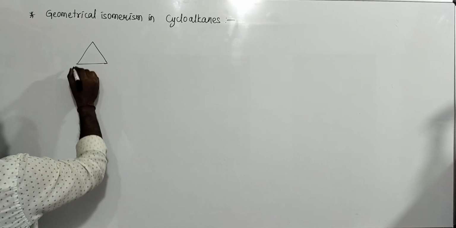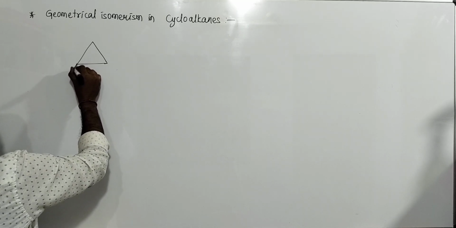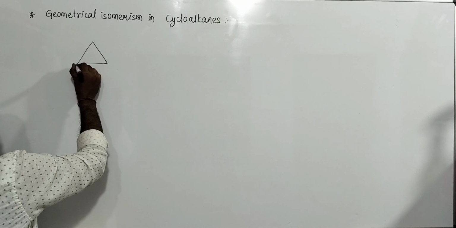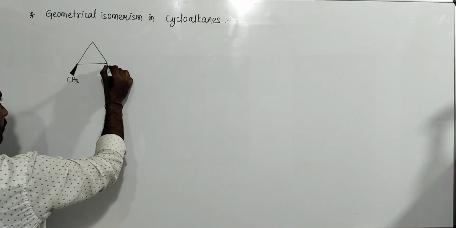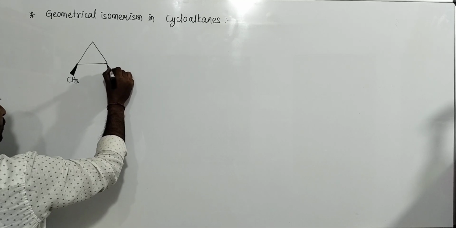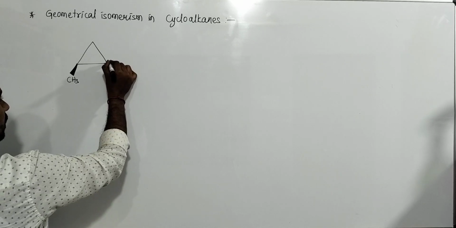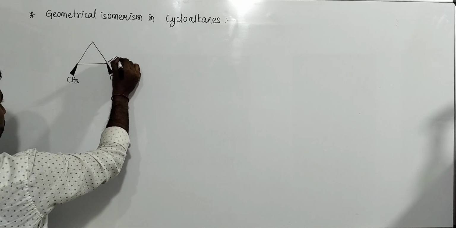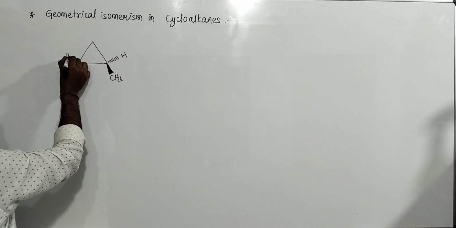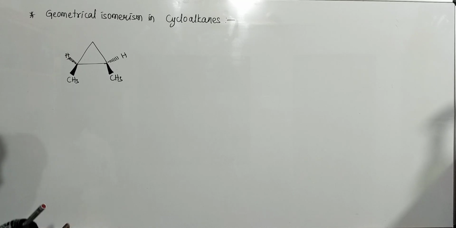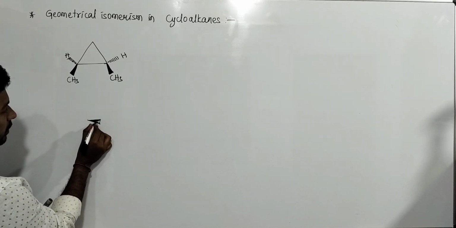For this, we have a methyl group here, CH3. In wedge-dash notation, this is also CH3, and a hydrogen atom here, another hydrogen atom here. This thick line represents that the atom or group is present towards the observer.